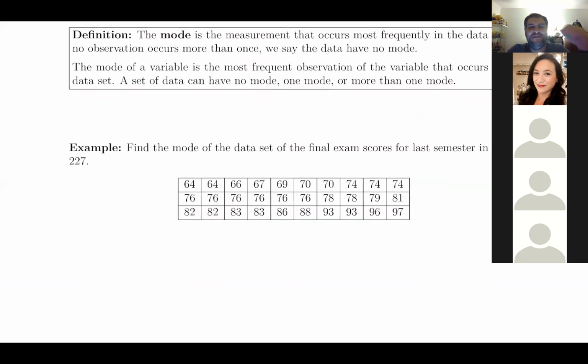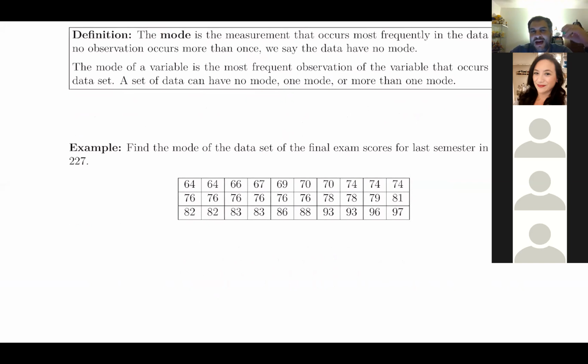All right, up next we're going to go over another definition called the mode. The mode is whichever number occurs the most often. Normally, if no number occurs most often, we say there is no mode. If all numbers occur one time, we have no mode.